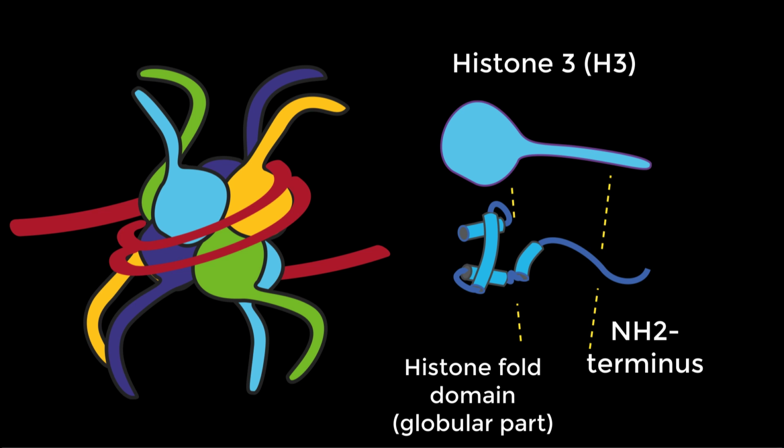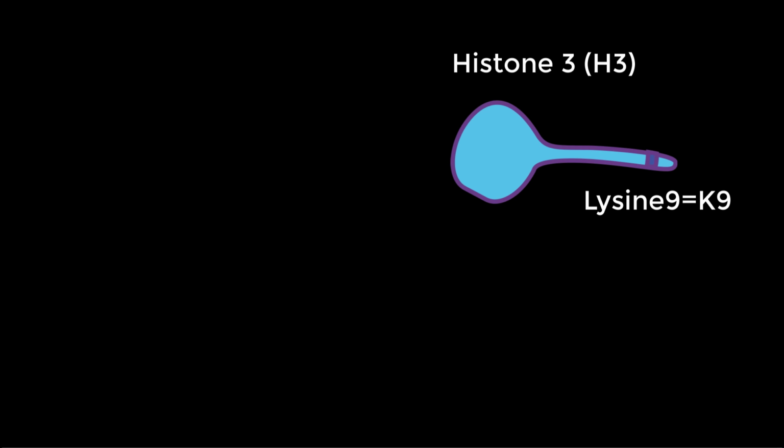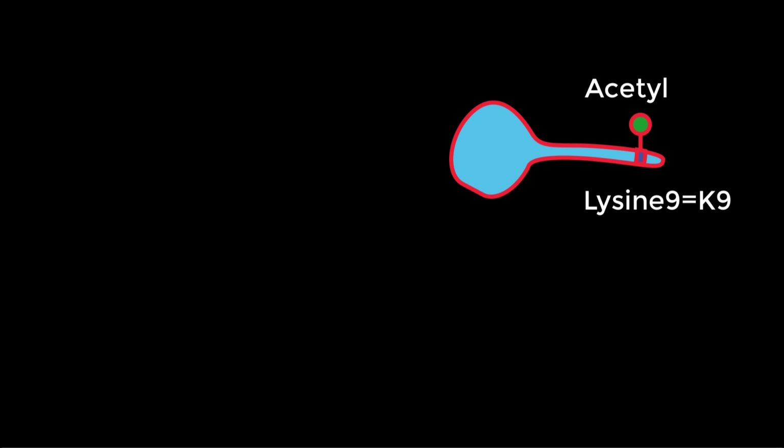Last, we can now compare these different analyses to another chromatin trait, histone acetylation. The amino terminus of histone 3 has a lysine at position 9, abbreviated as K9, whose acetylation can be measured accurately through yet another method not described here.